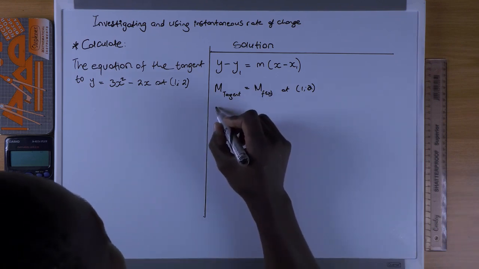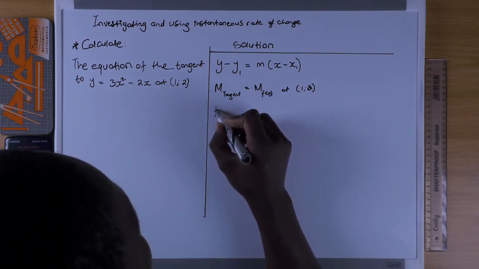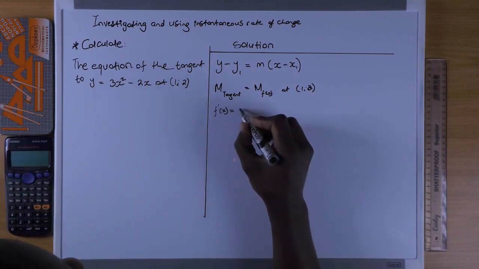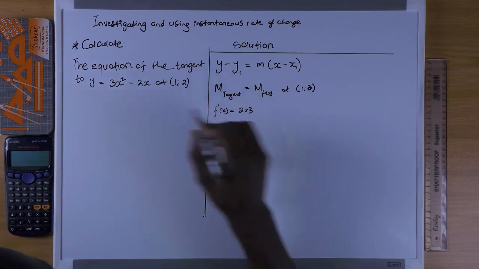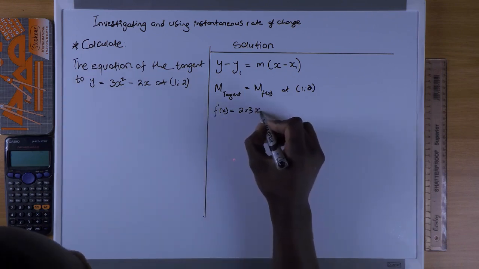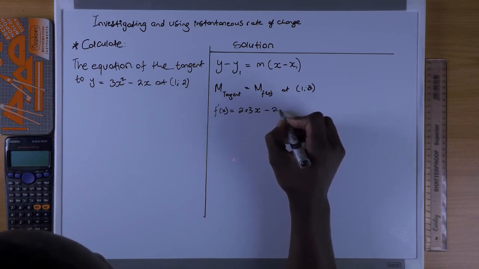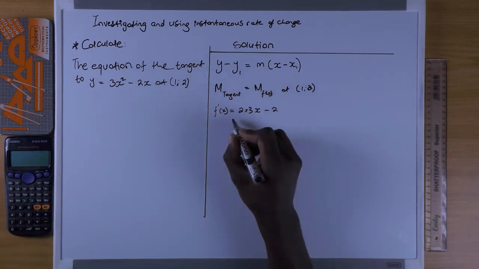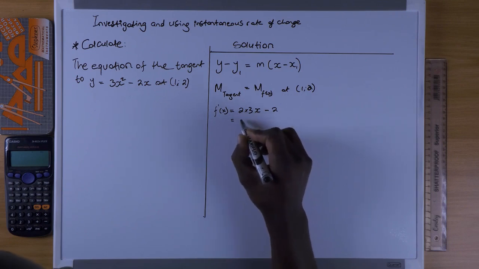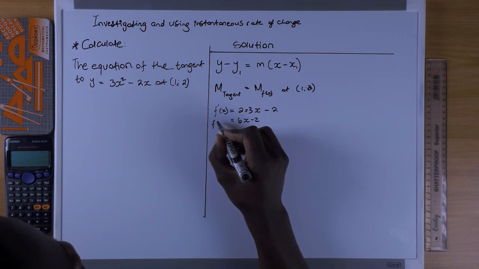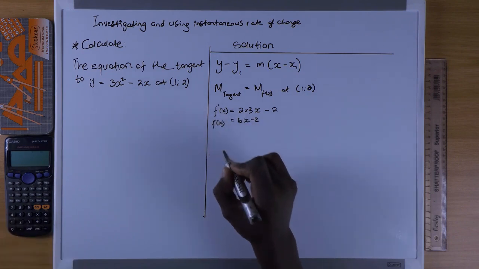So we know that f prime x is equal to 2 times 3 for this function, x, minus 2, which is equal to 6x minus 2. So f prime x is 6x minus 2.